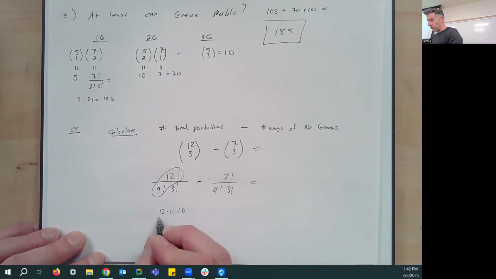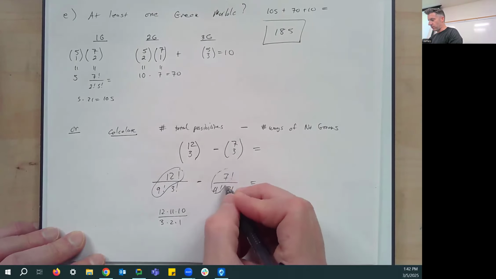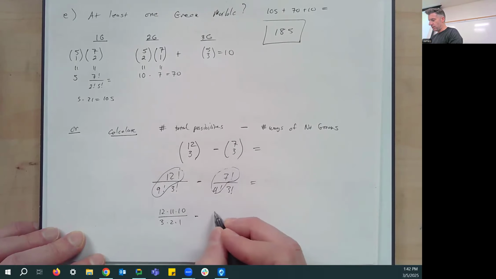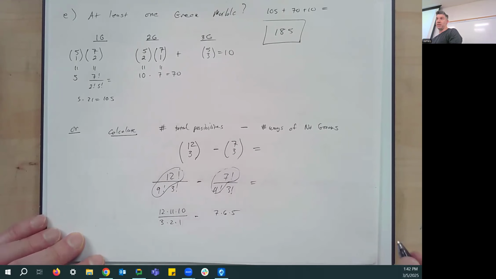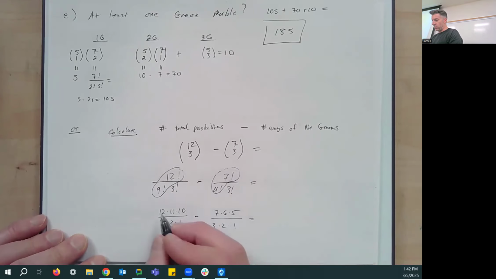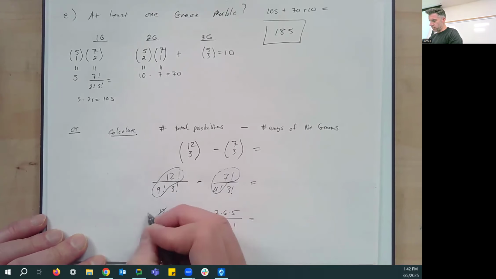And then the 3 factorial is 3 times 2 times 1. In a similar way, 7 factorial over 4 factorial is going to be 7 times 6 times 5, and then everything after the 5 gets canceled, and the bottom is again 3 times 2 times 1. Simplifying, we get 12 over 6 is going to be 2.